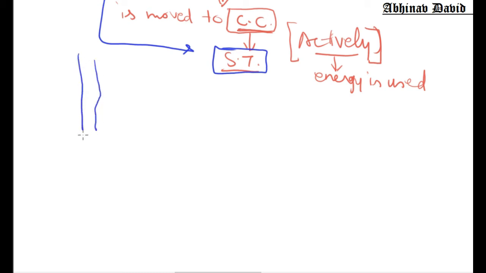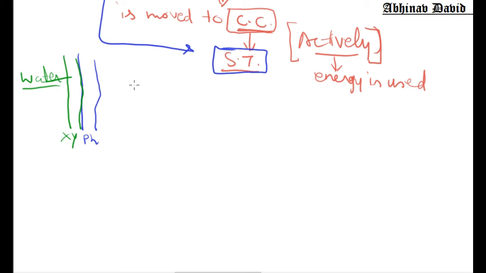Suppose this is the phloem, and nearby we have the xylem. So xylem and phloem are next to each other. What does xylem contain? Last time we discussed that xylem transports water. So as soon as the sieve tubes get the sucrose, what happens?